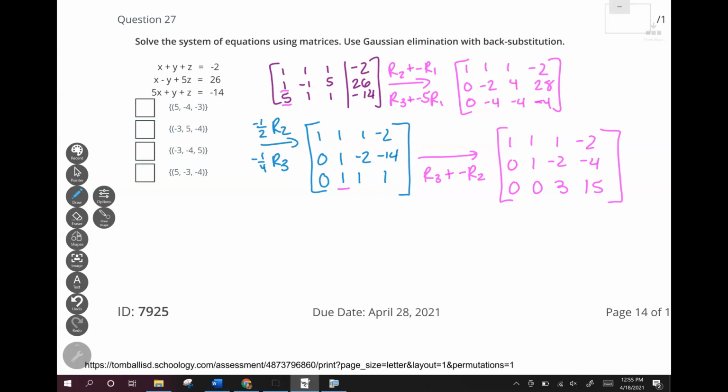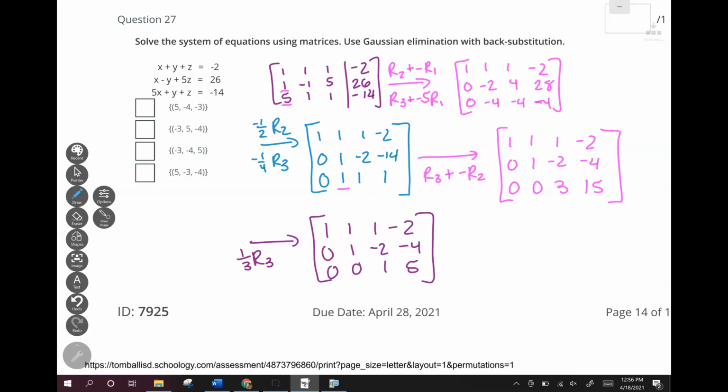Sorry, that wasn't the last thing I need to do. Now I need to multiply this by 1/3 to make that coefficient into a 1. So row 3 gets multiplied by 1/3 so that I have a leading 1 there as well. So 1, 1, 1, -2; 0, 1, -2, -4; 0, 0, 1, 5.